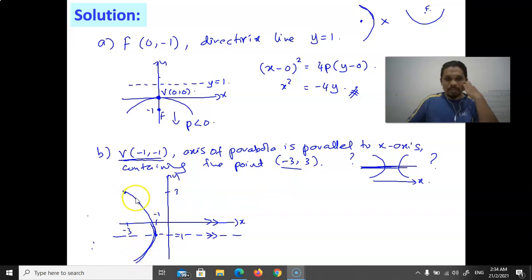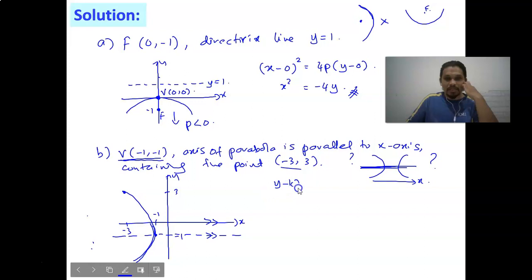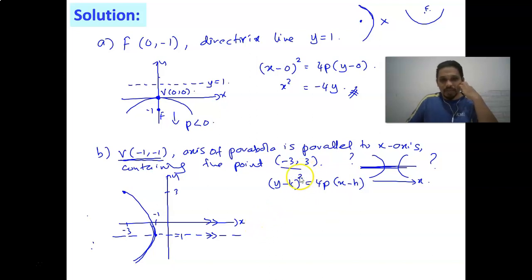From this picture we can conclude that y minus k square equals 4p times x minus h. So with the coordinates of the vertex, y minus negative 1, or y plus 1, squared equals 4p, and then x minus negative 1, which is x plus 1 here.